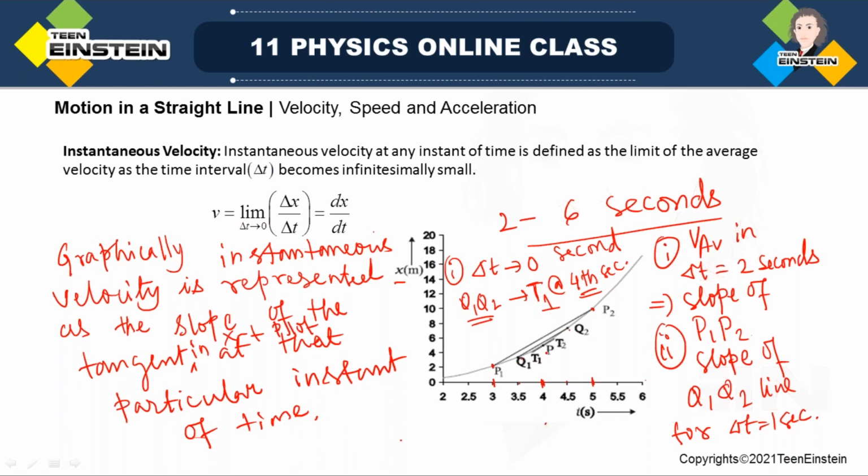So where T1 is the tangent, I have to find out the slope of this T1 tangent at P, exactly at that instant, 4th second, on this curve. So this is how graphically we can represent the instantaneous velocity.